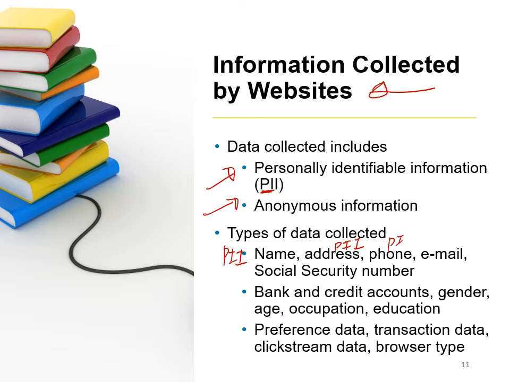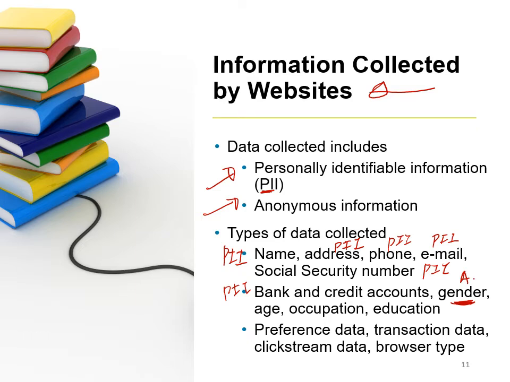Address is also PII, phone also PII, email also PII, bank and credit accounts also PII. Gender, when you tell me you are male or female, I don't know who you are, so this is anonymous information.